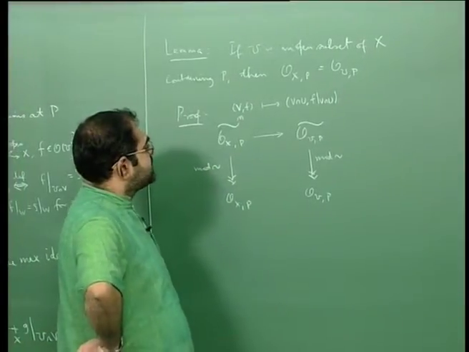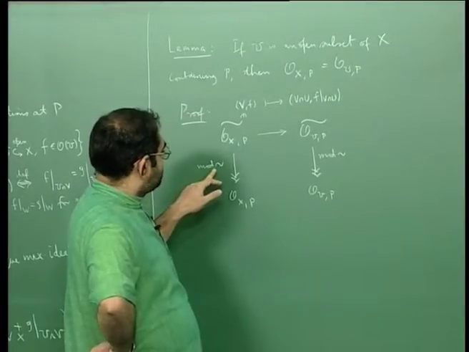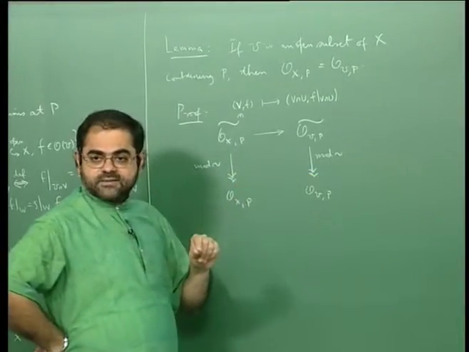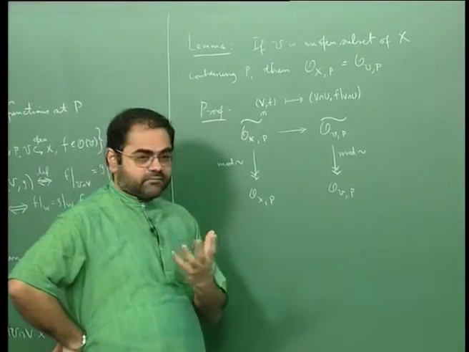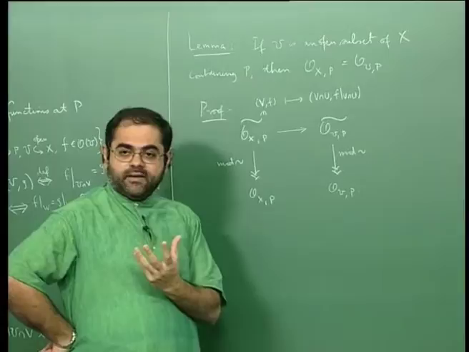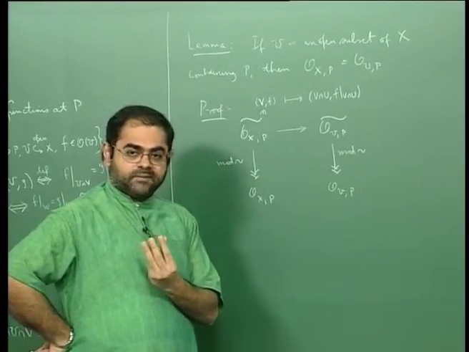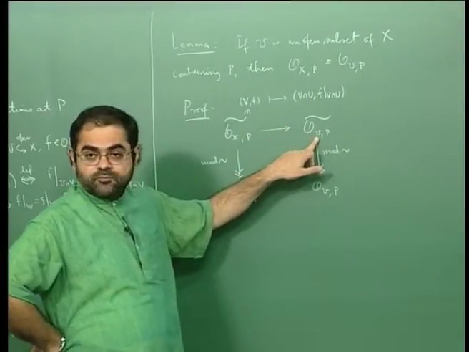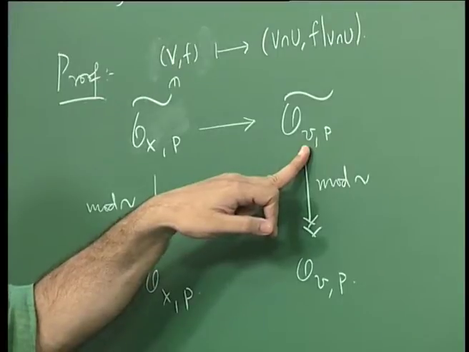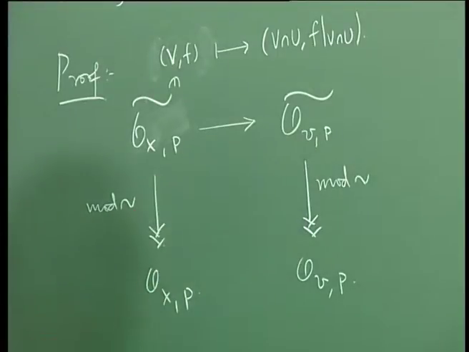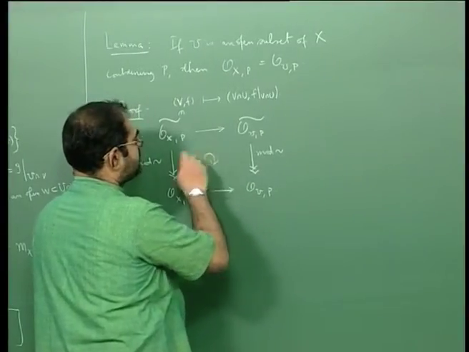And what you must understand is that this map will also respect the equivalence, namely if two regular functions in a neighborhood of the point P coincide in a smaller neighborhood, they will also do so when you restrict these functions to the intersection with U. So what this will tell you is that this will induce a map like this, so that this diagram commutes.